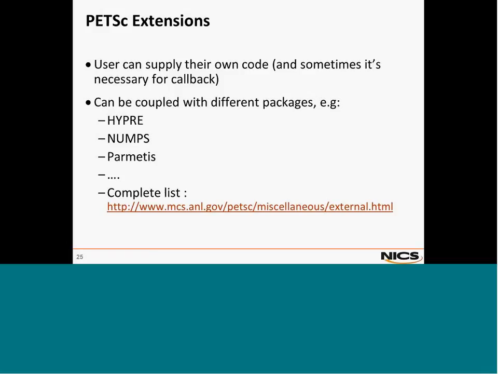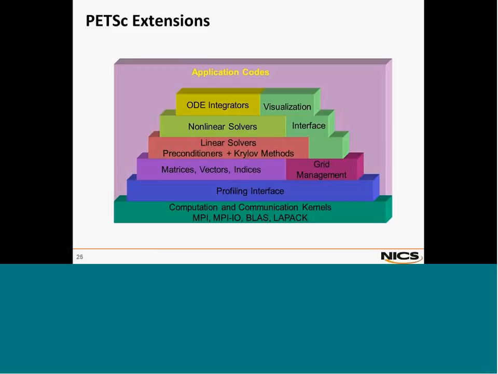We have extension points where the user can apply their own code, and this is necessary for callbacks. It can couple with different packages. Under the hood, PETSc uses hypre and MUMPS and ParMETIS as an interface to all of them. Some of this is really next generation. So here we look at the structure of PETSc.